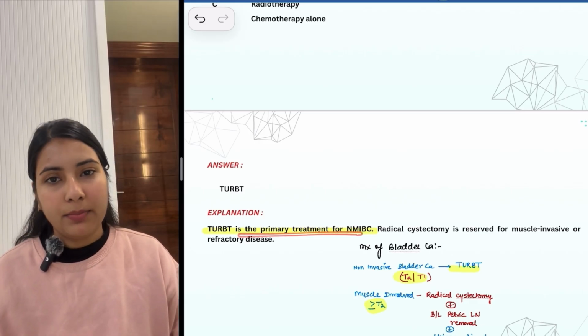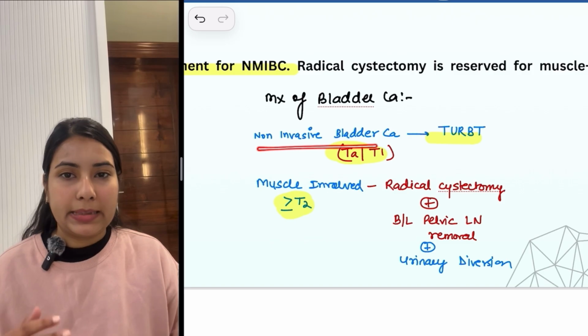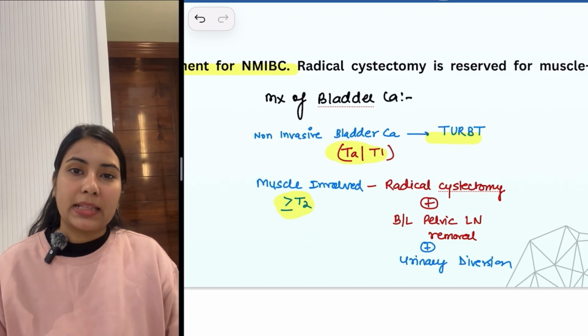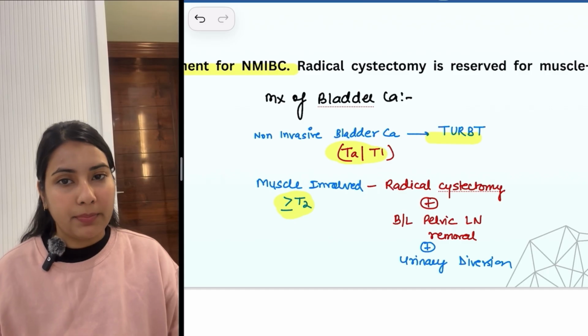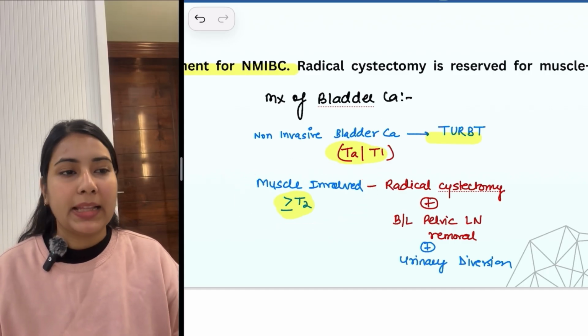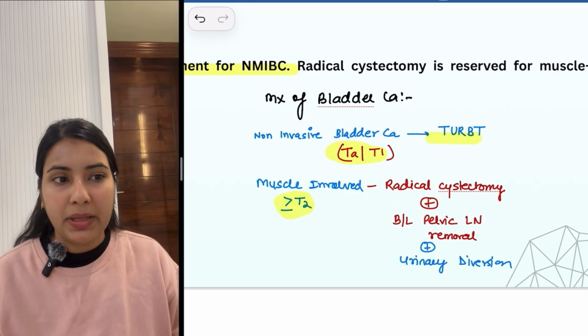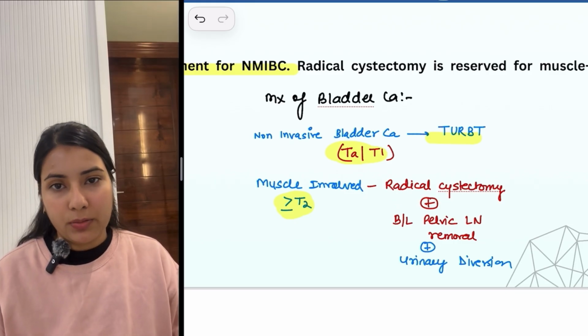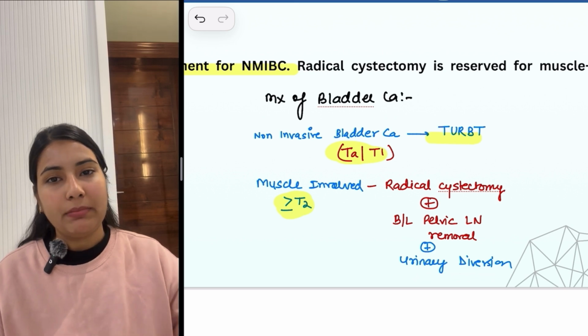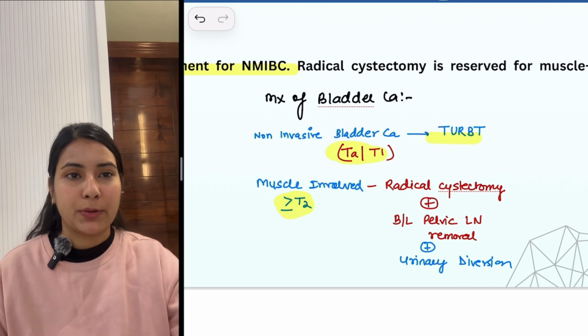If the muscle is involved, the stage is T2 or more, that is T2, T3, T4, the answer is radical cystectomy plus bilateral pelvic lymph node dissection plus urinary diversion. Okay, now moving on to the next question.